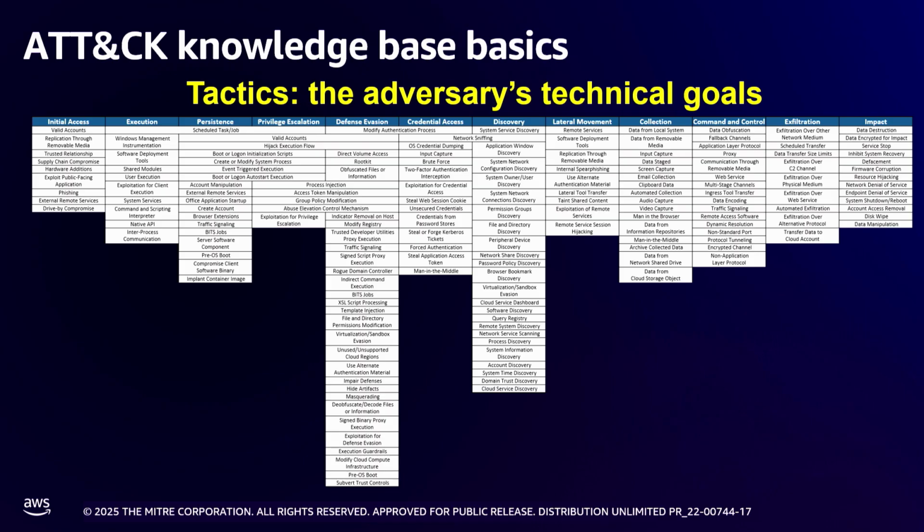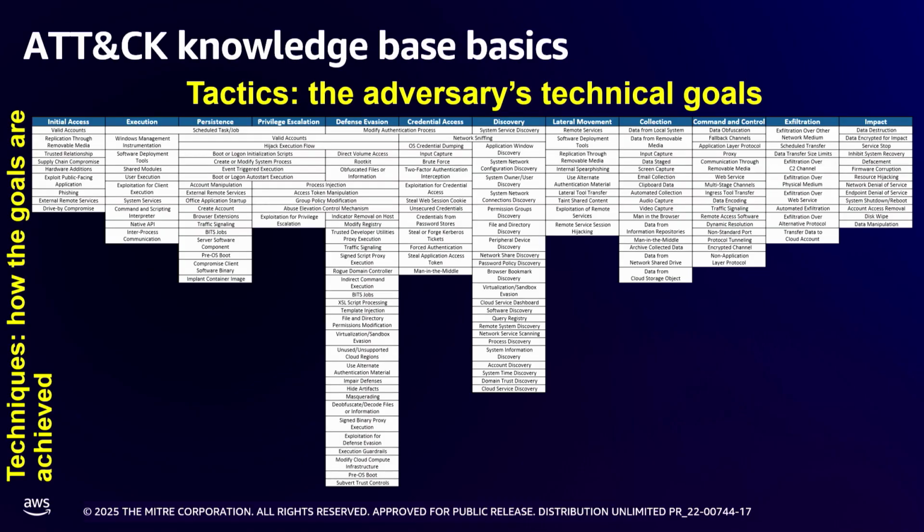Their technical goal might be to get initial access and therefore go to a point where they can exploit locally and then laterally move. So each going across the top, from initial access all the way through execution, all the way down to collection and impact, those are all the technical goals that an adversary might have.